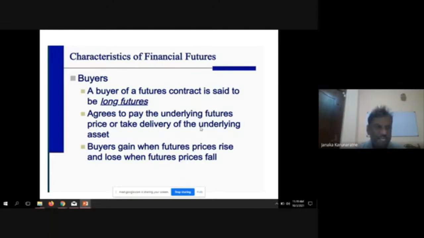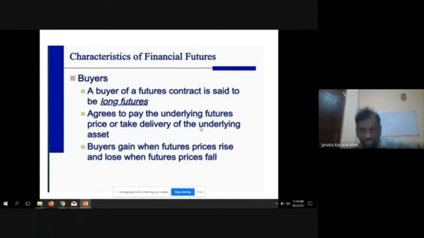The buyers gain when futures prices rise and lose when futures prices fall. If it is interest related, when the interest rate drops, futures prices rise.